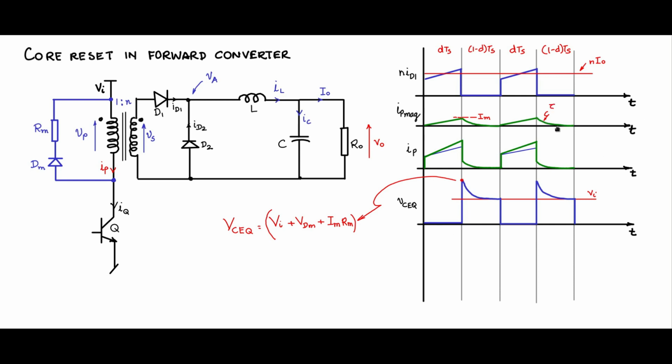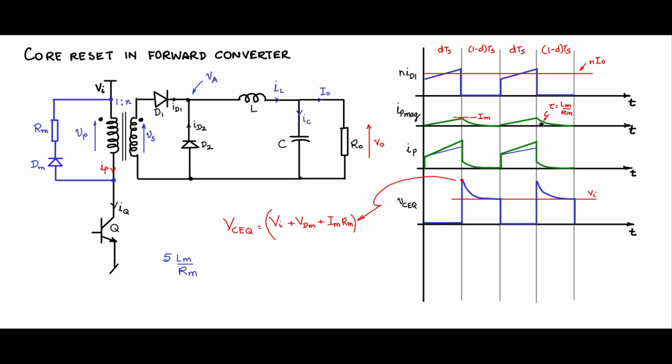Now this decaying time constant is equal to the magnetizing inductance Lm by Rm. Now what should be the value of Rm? So let us say 5 times the time constant, 5 times Lm by Rm, which says that this would have reached steady state. It would have reached 99.9% of the final value. So by that time, this core would have reset.